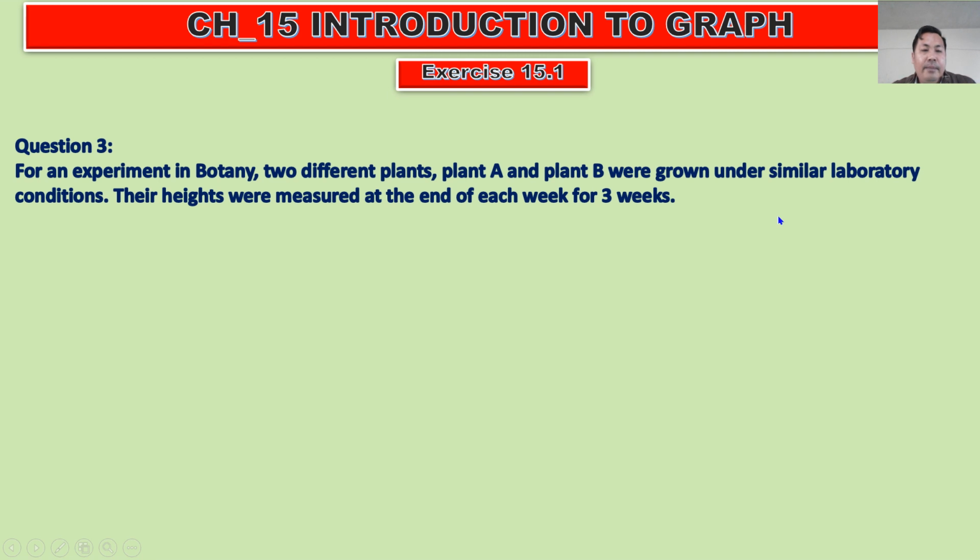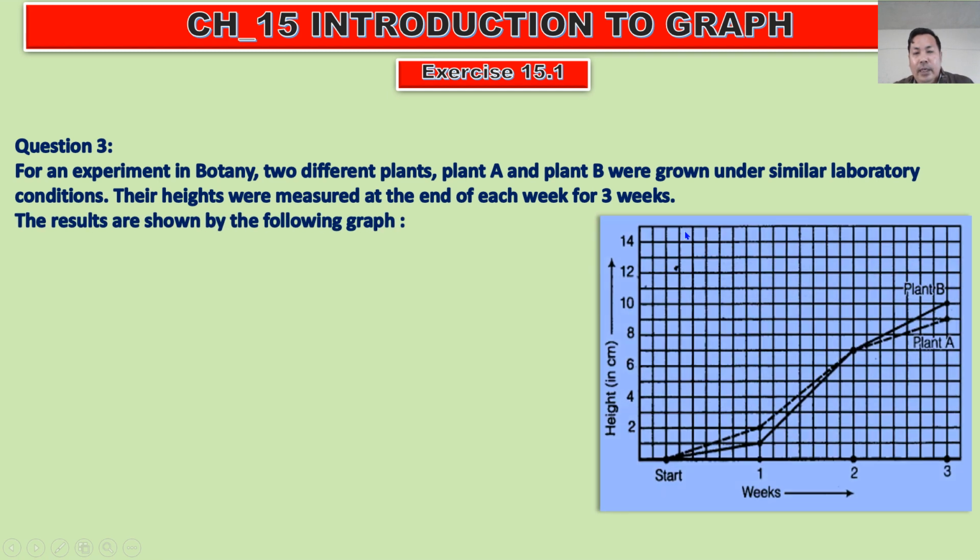Their heights were measured at the end of each week for 3 weeks. The results are shown by the following graph. Here you can see this is a graph showing the growth of plant A and plant B, observed for 3 weeks. So each week, how much the plant has grown will be shown by this graph.